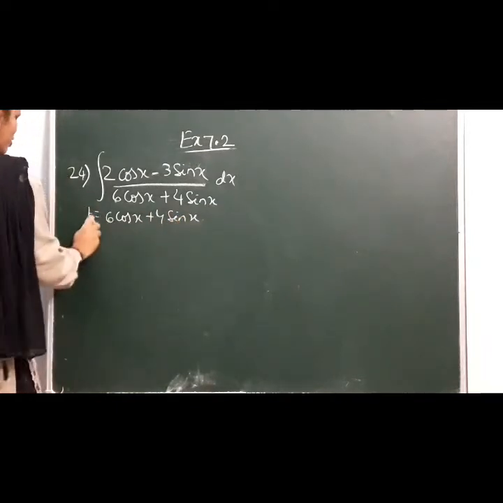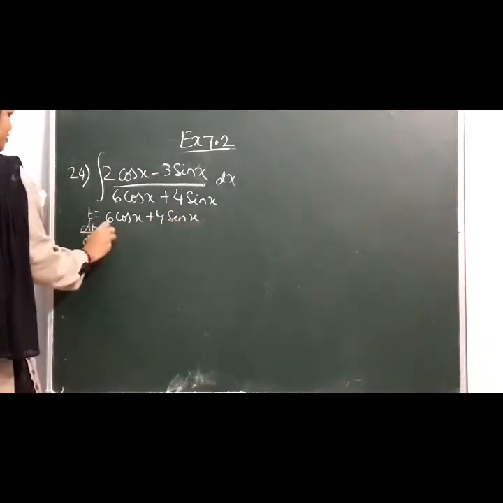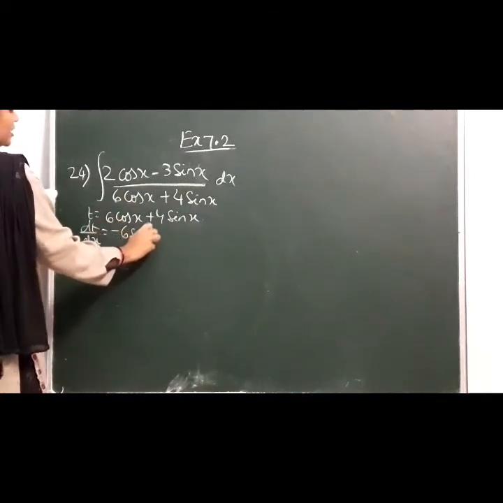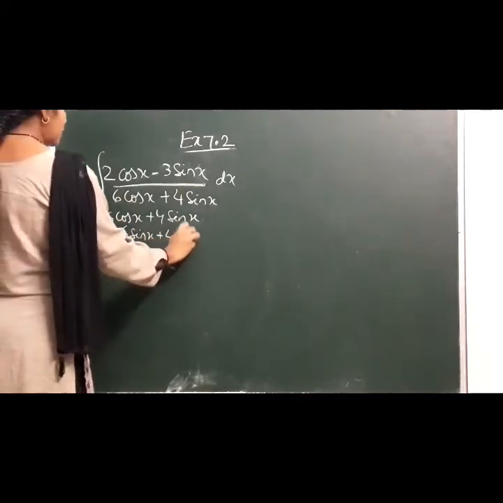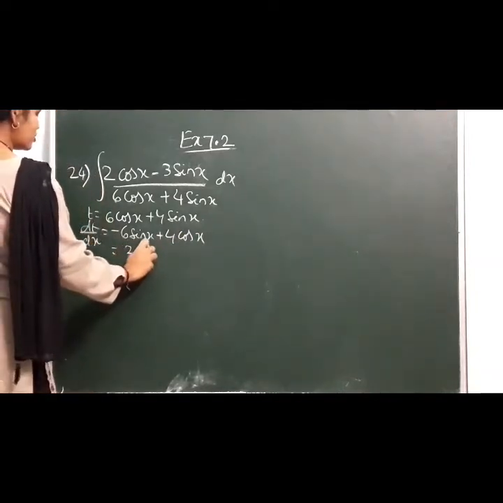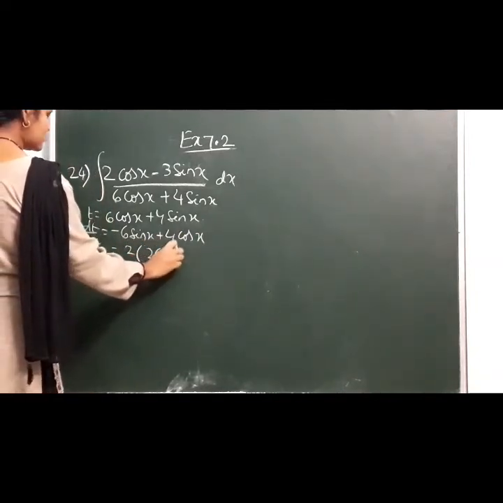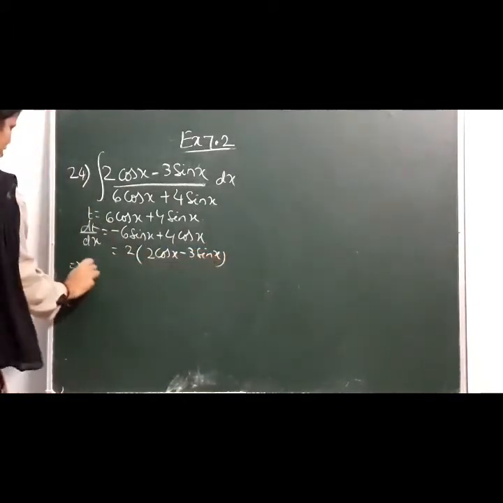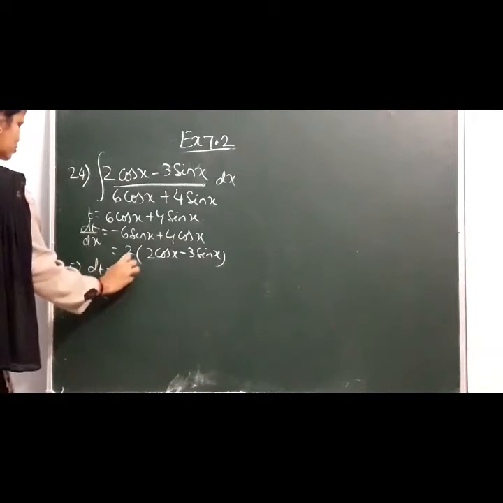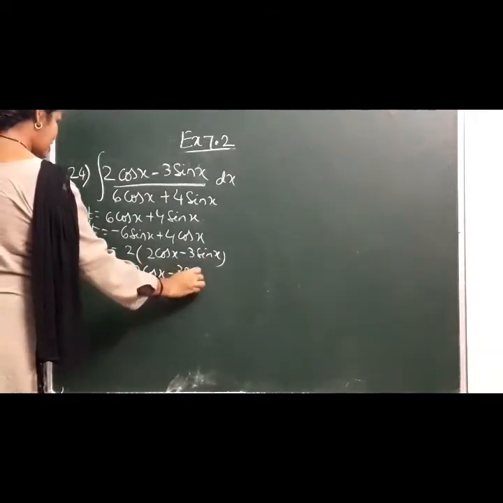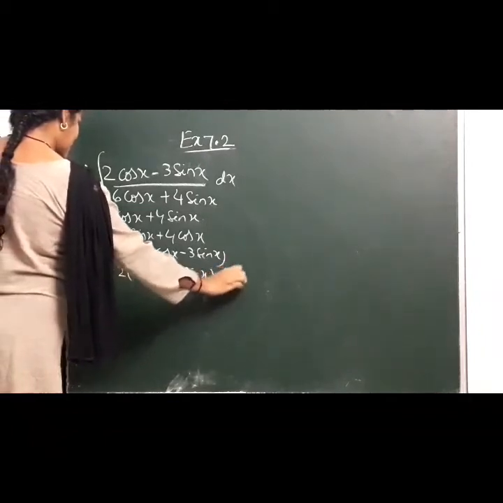So dt upon dx, what will it become? 6 cos x gives minus 6 sin x, and 4 sin x gives 4 cos x. So from this, what will we take common here? Take 2 common. It becomes 2 cos x minus 3 sin x.